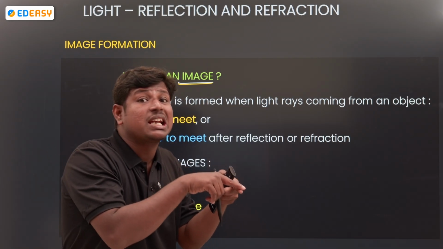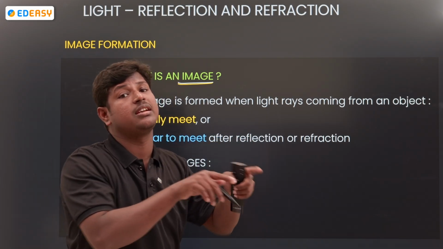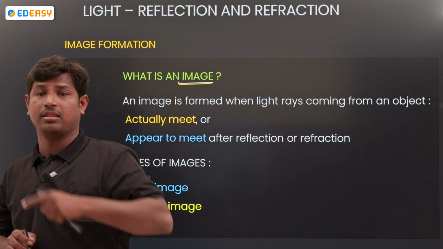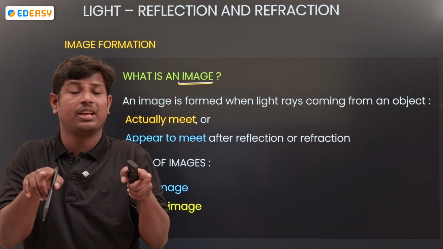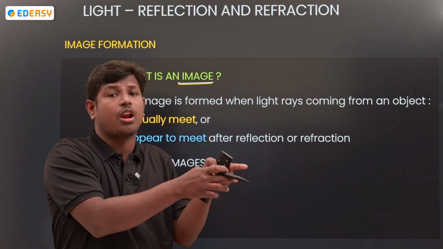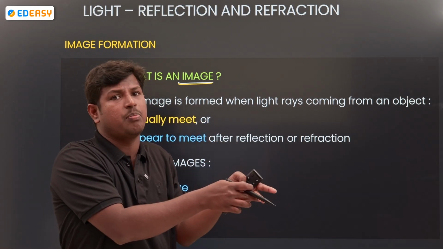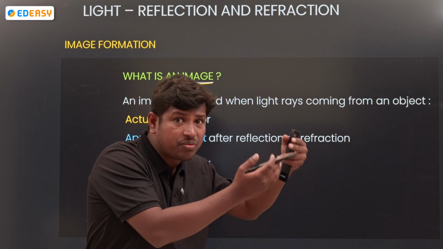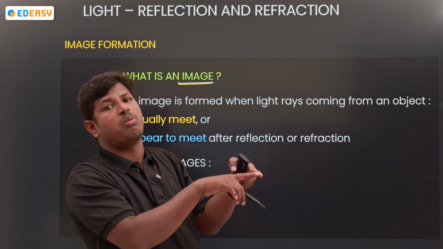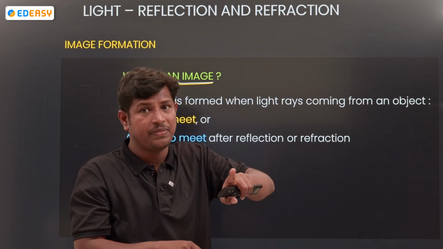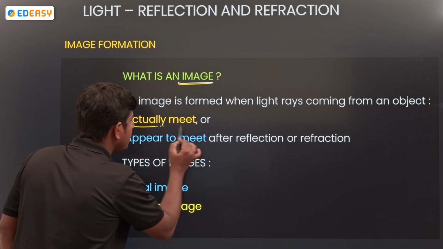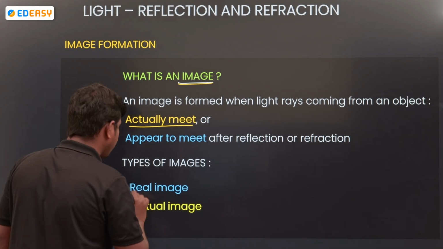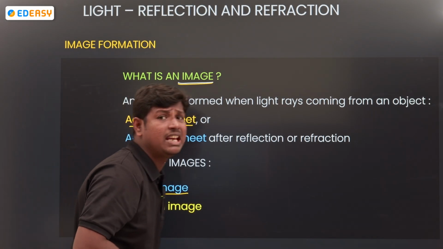Are the light rays intersecting or not? How does the intersection take place? Do they really intersect, or only appear to meet? You have to check these two. Do the light rays after reflection really meet at a point or not? If they really, actually meet at a particular point, there it forms a real image.